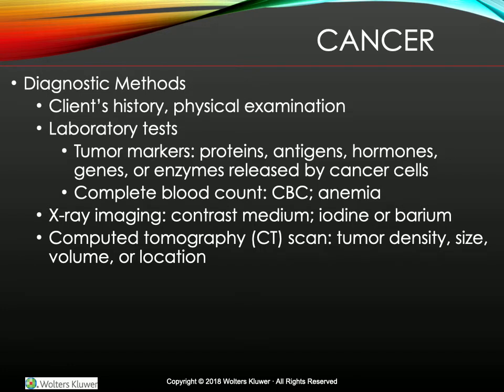So we're going to look at the hemoglobin, those RBCs, and those platelets. We're going to see if that patient's at risk for any bleeding, what's their platelet level. X-rays are very helpful. We do CT scans and PET scans, MRIs. Going to look for tumor location, size, and volume.